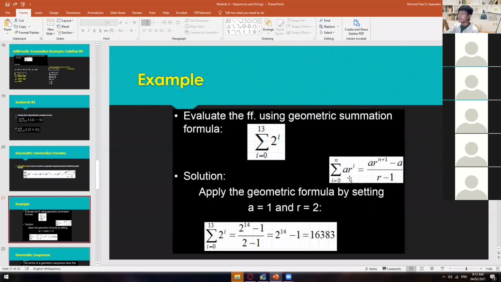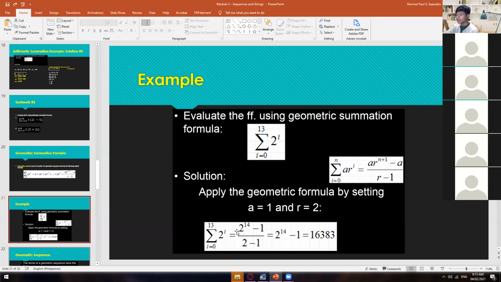So a here is equal to 1, and then r is equal to 2. Apply this by using the geometric formula. n plus 1 is 14, since your n here is 13. So just add 1, then you will get 14. If you're going to use this given formula, you have to use these values: a is equal to 1 and r is equal to 2.